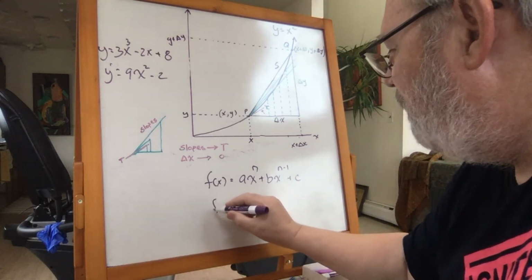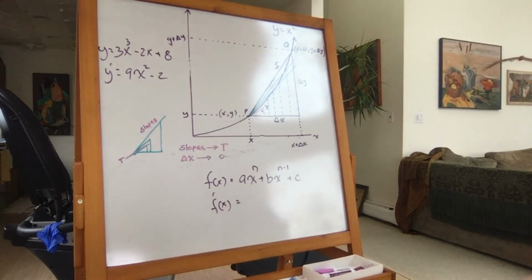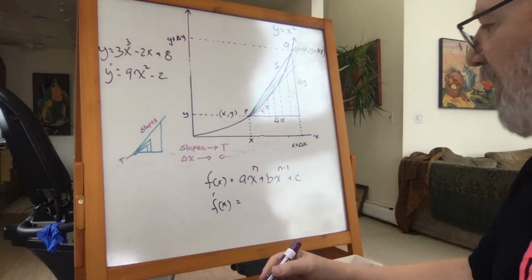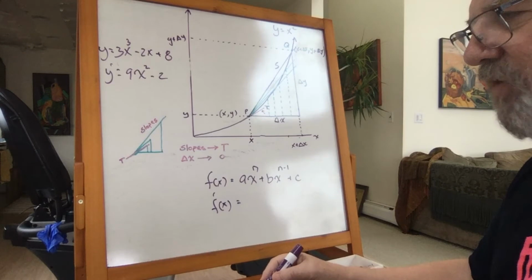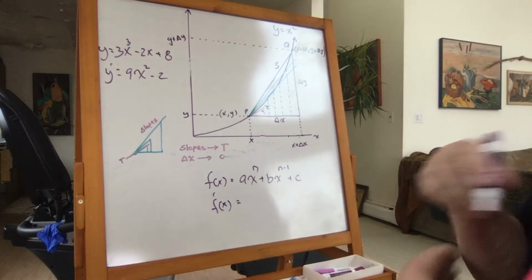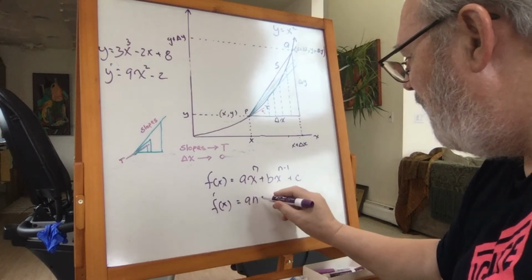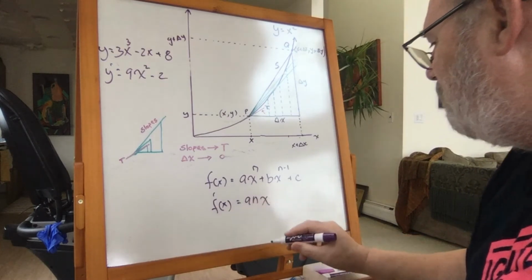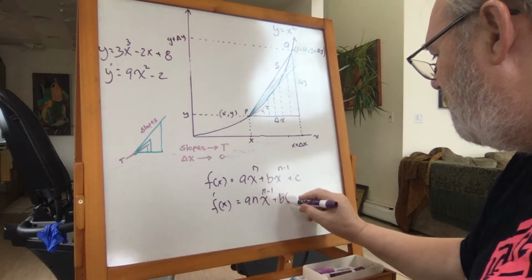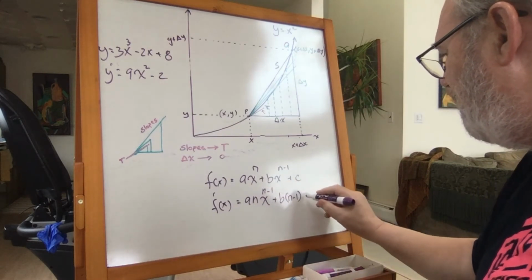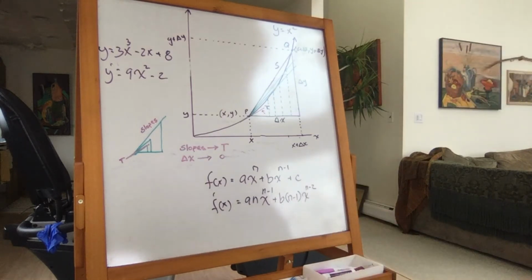F prime of x, and you can prove this to yourself by taking a number of functions and taking their limits and seeing what results. You'll find that this formula works: a times n times x to the n minus 1 plus b times n minus 1 times x to the n minus 2.